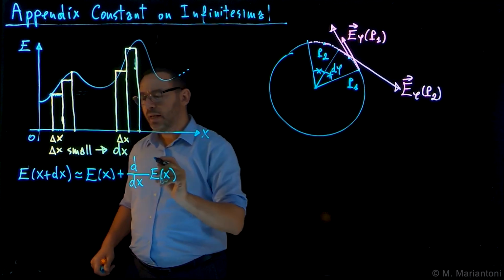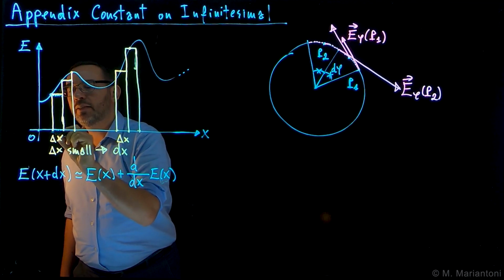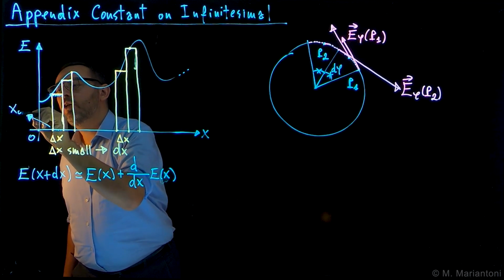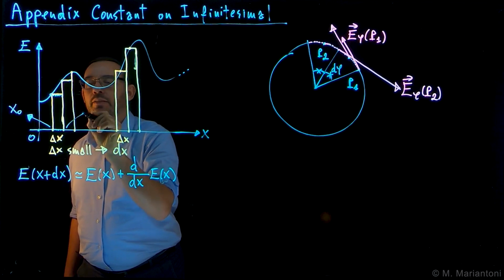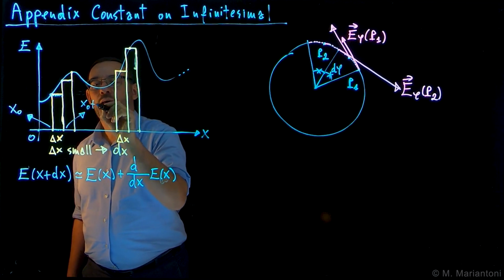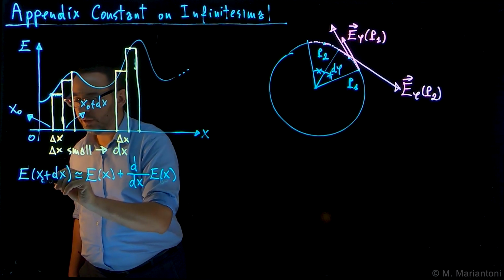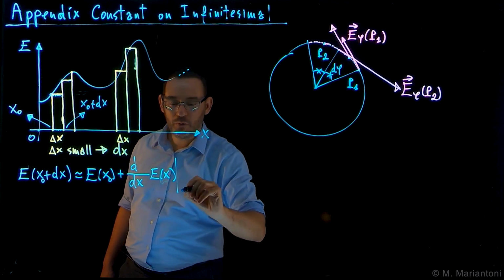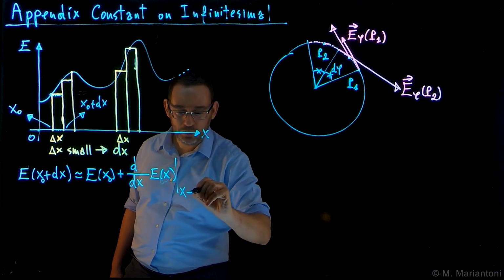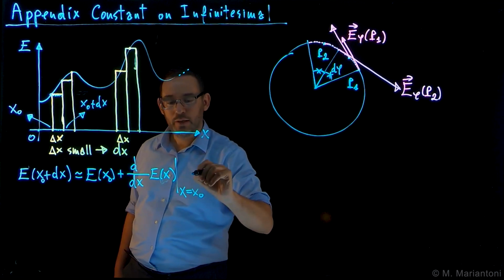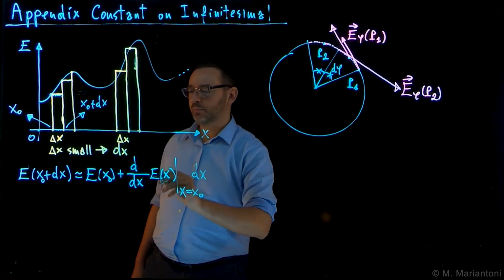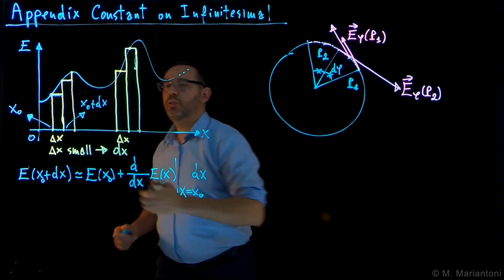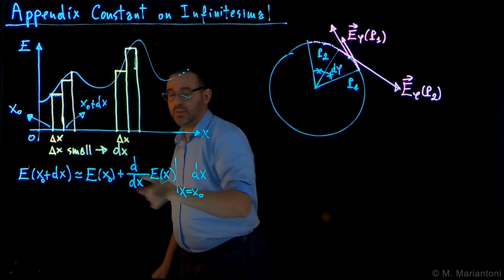Actually, let's make it better. Let's call this point x naught, and this is x naught plus dx. This derivative is evaluated at point x equal x naught, and we need to multiply it times dx. Forgetting about higher order terms, that's one way to compute this difference in the electrostatic field.